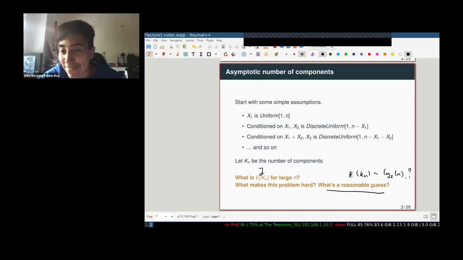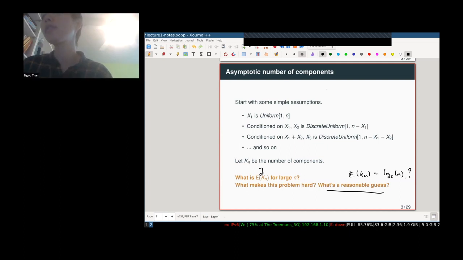Does someone want to guess? Let me give a hint. Suppose I were to do a slightly different construction. Let me take x1 to be uniform from 1 up to n, and let me also take x2 to be uniform from 1 up to n over 2, and then x3 is uniform from 1 up to n over 4, and so on.